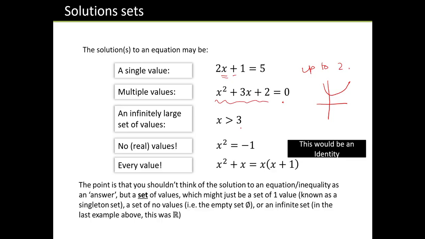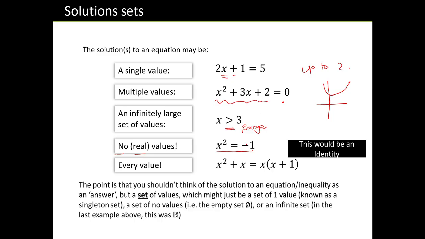Sometimes we talk about a range of values. Range is often a good indicator that you want to use inequalities. So 3.1, 3.11, 3.5, 100. There's lots of answers to this. As I alluded to a minute ago, this one here is a special one because although it's quadratic, we would normally say we have no real solutions.